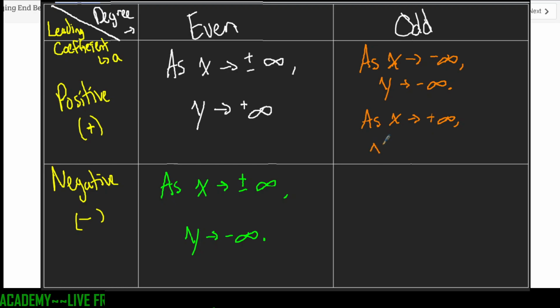So we're going to say y goes to positive infinity. And for the last part, when we have odd and negative, they are reversed. So we're going to say as x goes to negative infinity, our y value goes to positive infinity now.